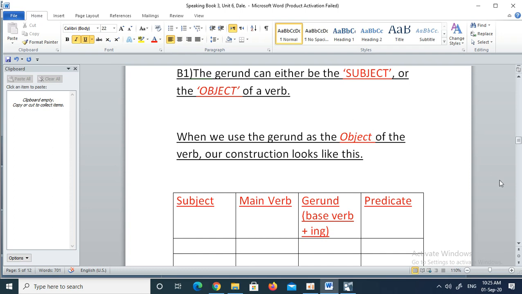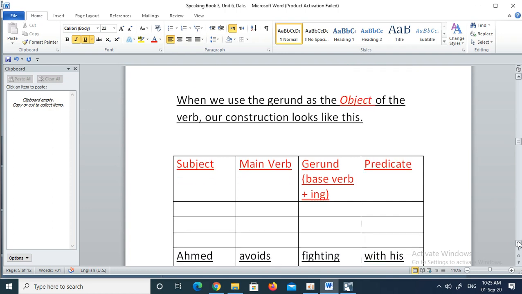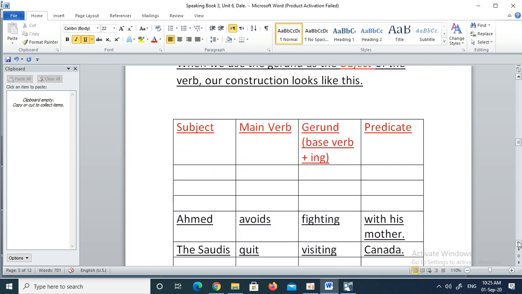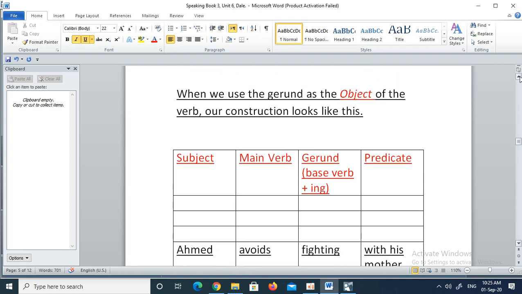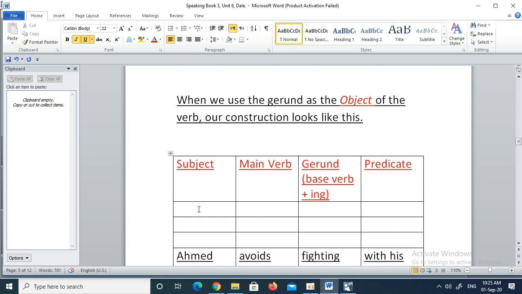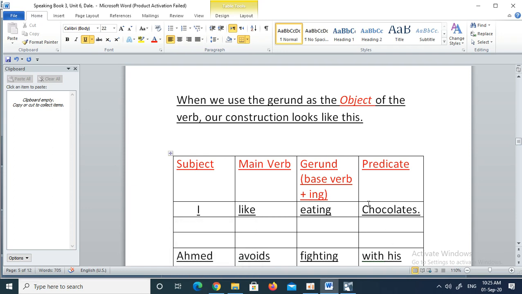So, we need to see how we make that construction. When we use the gerund as the object of the verb, we have to start with the subject, for instance, I. Then we have a main verb, like, eating. I like eating chocolates.